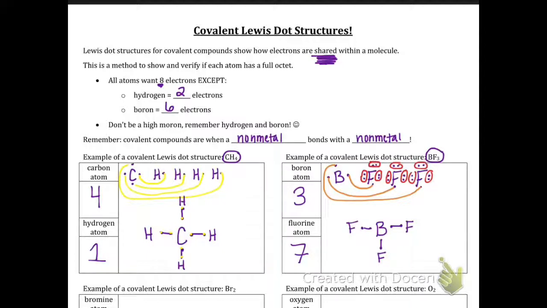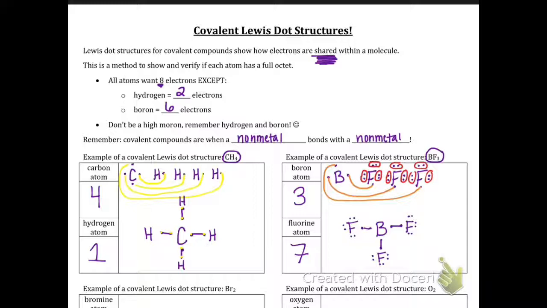Now, all the red dots that I circled earlier can't be forgotten, okay? So you got to put them back on fluorine. So it's got to go 1, 2, 3, 4, 5, 6. 1, 2, 3, 4, 5, 6. 1, 2, 3, 4, 5, 6.